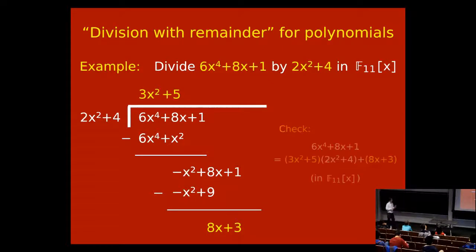So you can maybe review this at home. But the point is, what I've just computed is that this is the quotient and this is the remainder. I've checked that this times this plus the remainder is the big thing. This is all mod 11. And you can also check that this remainder has degree smaller than the thing we're dividing by, because I can keep going with this division process until the degree is smaller than the thing I'm dividing by.